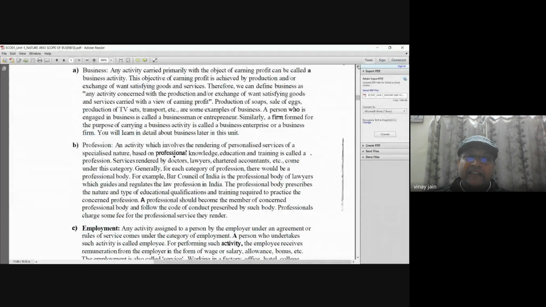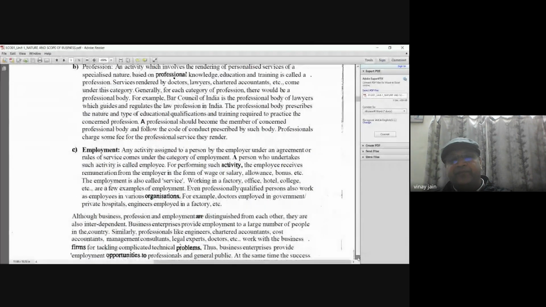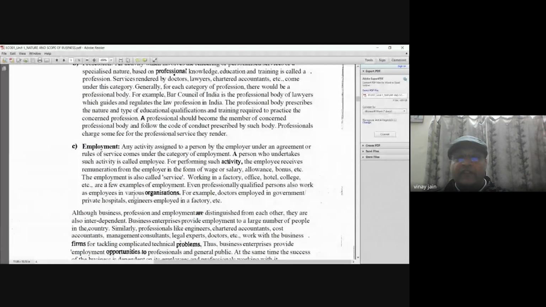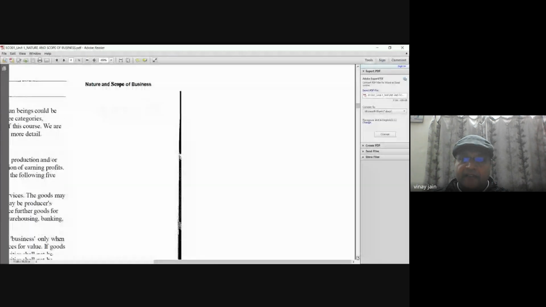A doctor charges consultation fees, lawyers charge consultation fees, and a chartered accountant also charges consultation fees. And if we talk about employment, what is the return? The return is salary. At the end of every month, he gets salary. Working in a factory, office, hotel, colleges, you have employees and they get salary out of it. So this is the idea which you need to understand.